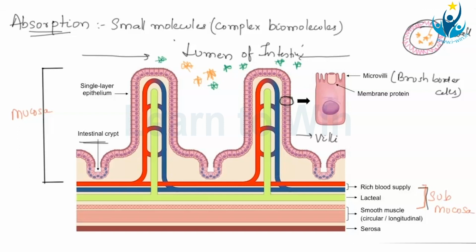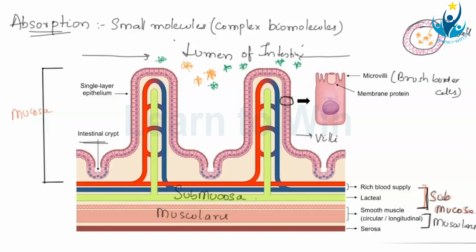Let me take the black color and highlight it a little more easily. Submucosa. And this here is the muscularis layer. Remember the wall layers, and this is the serosa layer.